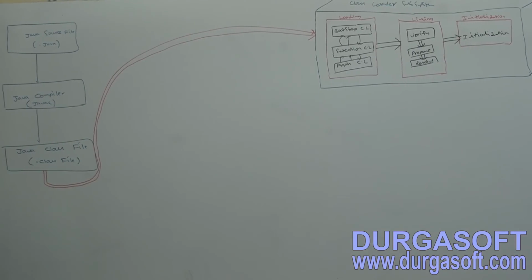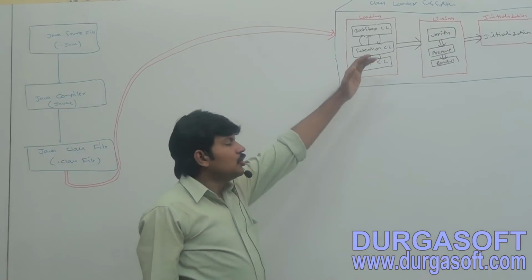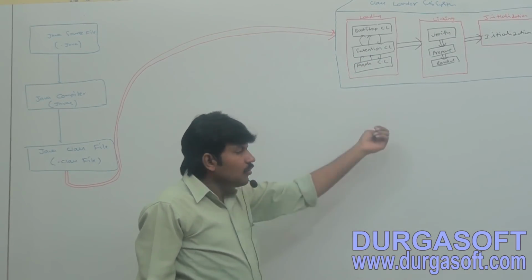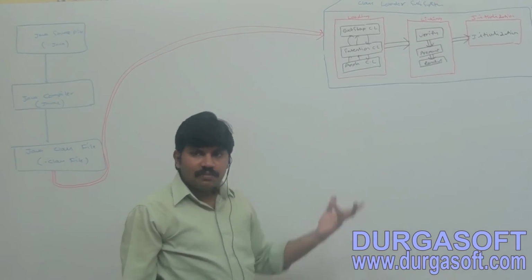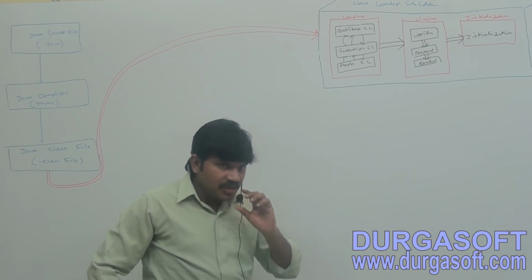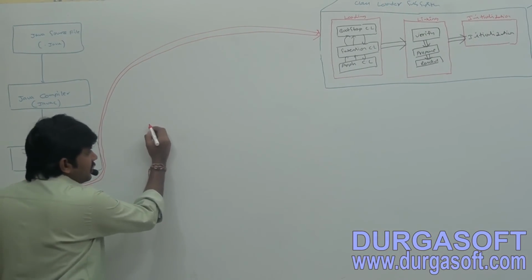Now this class loader subsystem is responsible to load our classes. While loading, some memory must be required, and while executing, some memory must be required. So what are the various memory areas present inside JVM? Can you explain the various memory areas present inside JVM?